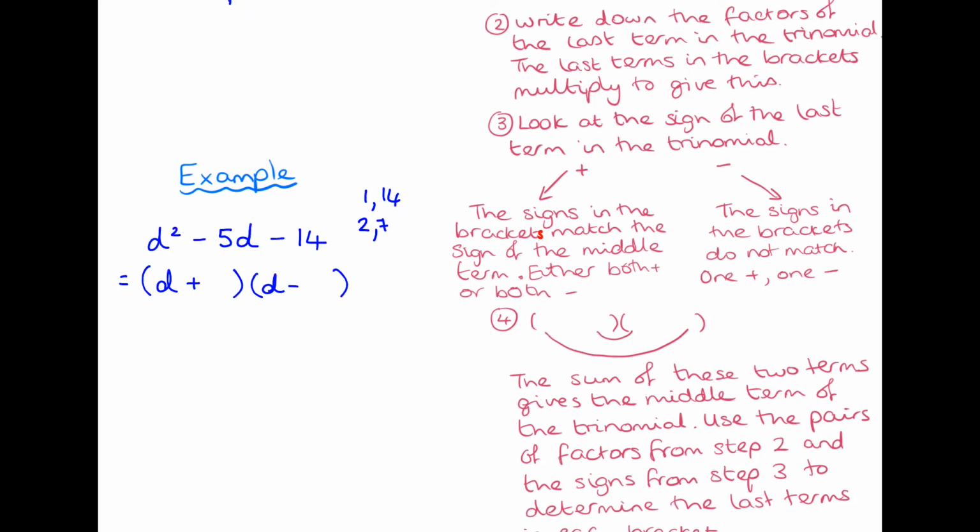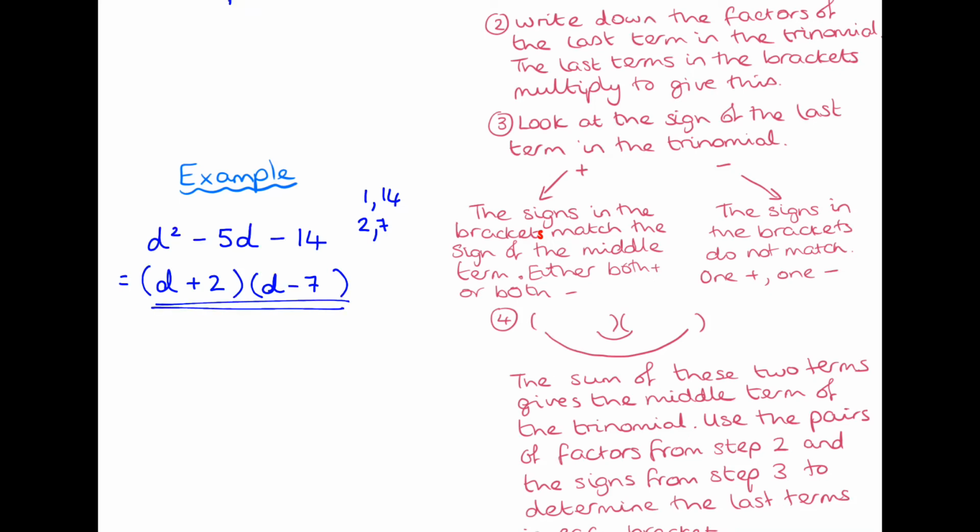So because we want negative 5d, then the bigger number has to go with the negative. So the 7 would have to go there, and the 2 would have to go there. Okay, so without writing it down, we can think, right, that's 2d take away 7d, gives us negative 5d. So we know we've got the right answer there.